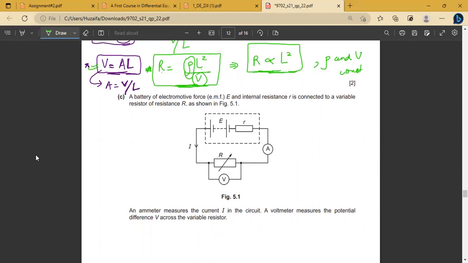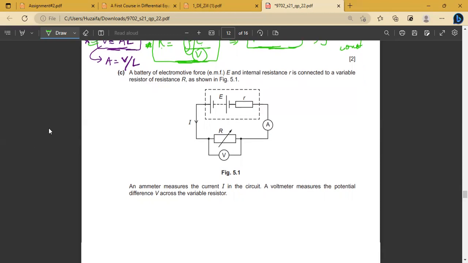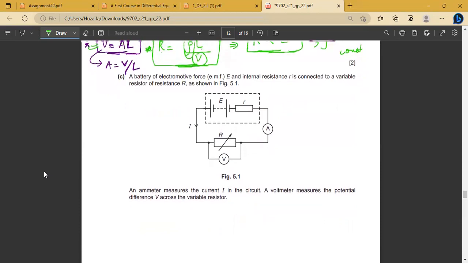A battery of EMF E and internal resistor r is connected to a variable resistor of resistance R. There is an ammeter connected in series and a voltmeter connected across this variable resistor R. You can see the internal resistor, small r, and a current I flowing in my circuit. So that is a very simple circuit given here.